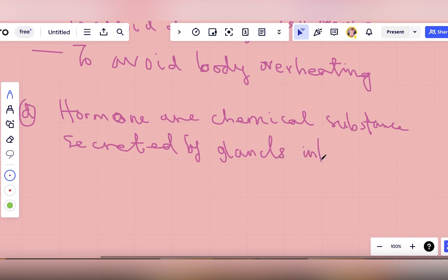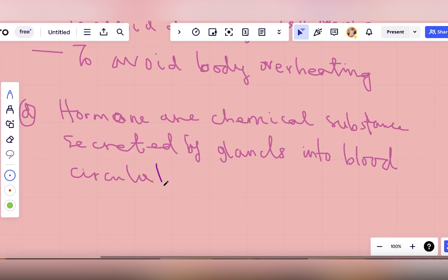So the blood carries it to every organ that it needs to. When it gets to the organ where it needs to act, it drops down from the blood into the organ. So you mention the transport system or circulatory system helps to move hormones, because they move in the blood.